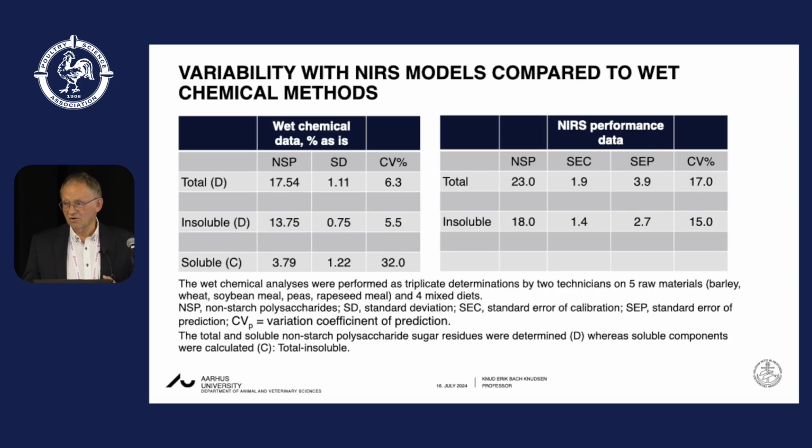How does that, however, compare to when you do wet chemical analysis? Well, if you take the data here, which are the total for this broad database on the different feedstock models, again, for total the CV was 70, it was 15 for the insoluble.